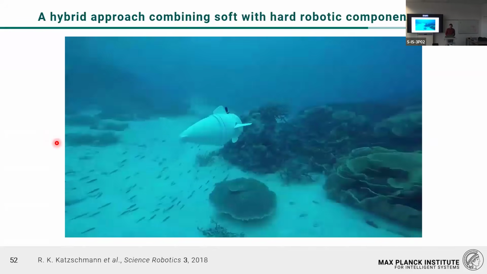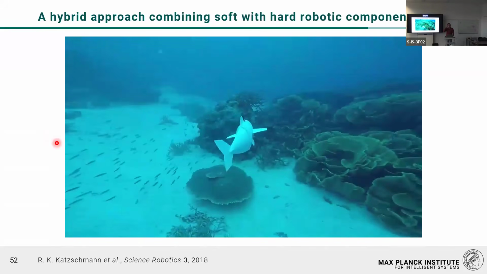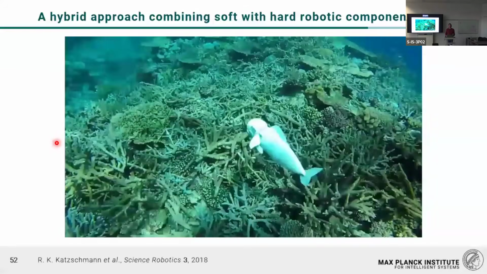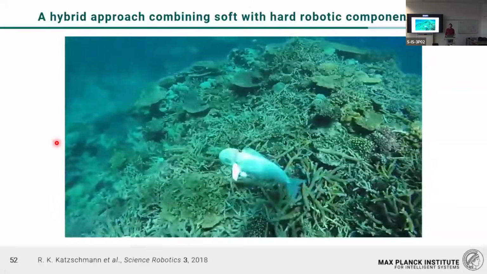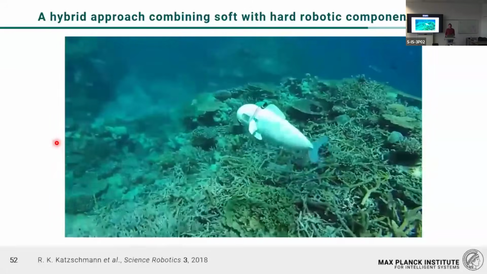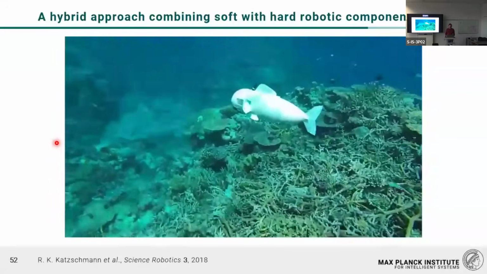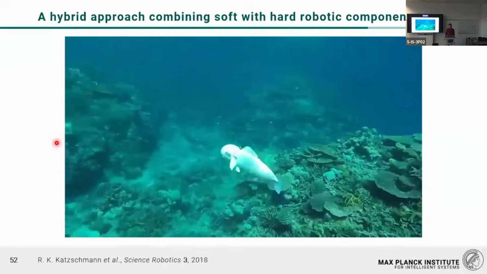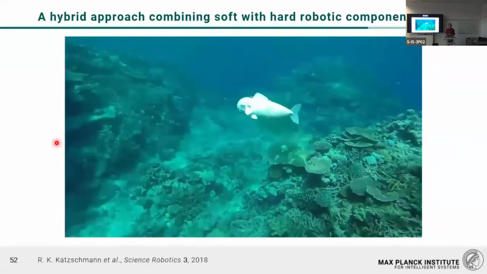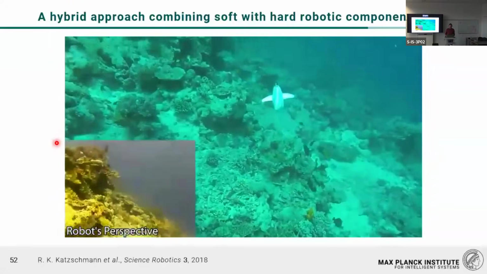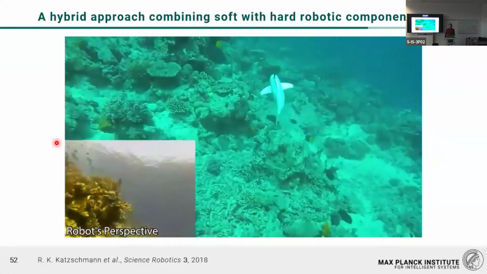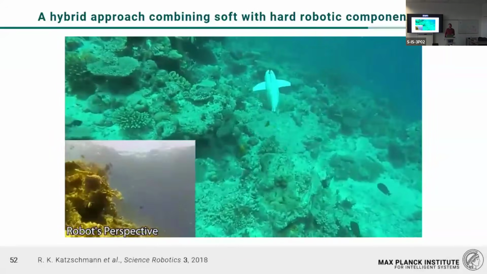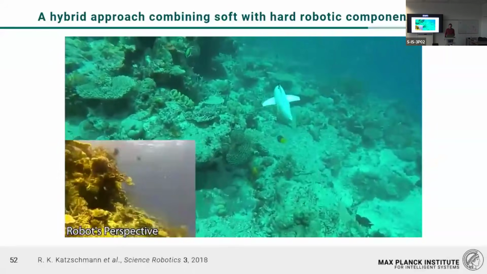So right now, if you really want to make more complex applications, like develop a robot that can swim in marine environments, collect footage of species that are living there, that mimics the locomotion principles of real fish and blends into the environment quite naturally, then you can think of using soft robotic components, but also more traditional components.